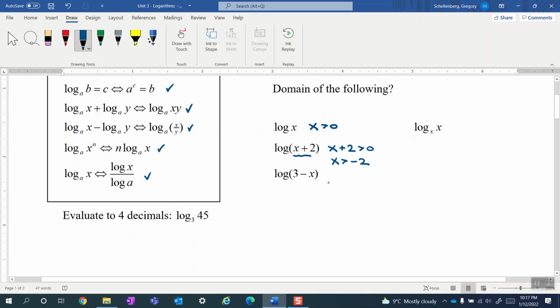For the next one, our argument is 3 minus x, so 3 minus x has to be greater than 0. Negative x has to be greater than negative 3, and now we need to flip the inequality, so x has to be less than 3. These are our domains here.